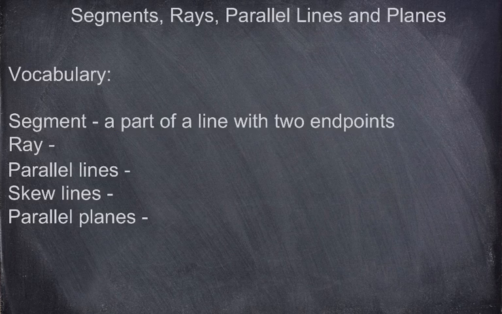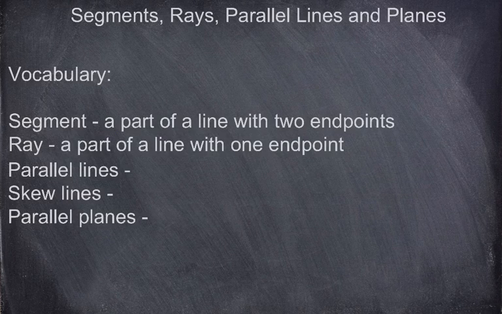A ray is a part of a line with one endpoint. So again, the segment has two endpoints, whereas a ray has one endpoint and extends infinitely in one direction. Okay? So segment, two endpoints, ray, part of a line with one endpoint.